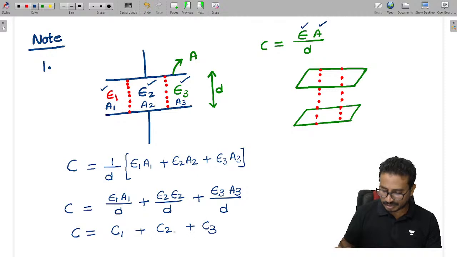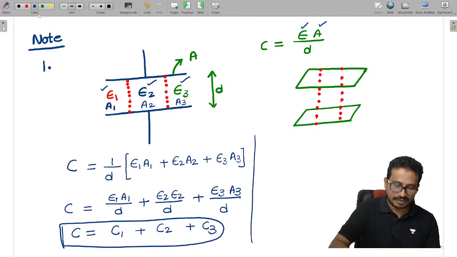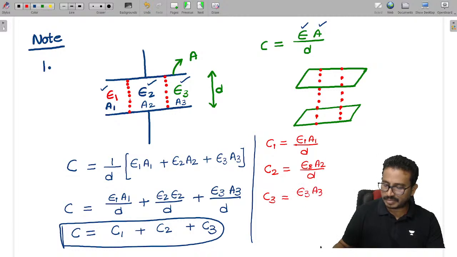Now I have directly added the capacitors. C1 is epsilon 1 A1 by D, C2 is epsilon 2 A2 by D, and C3 is epsilon 3 A3 by D.